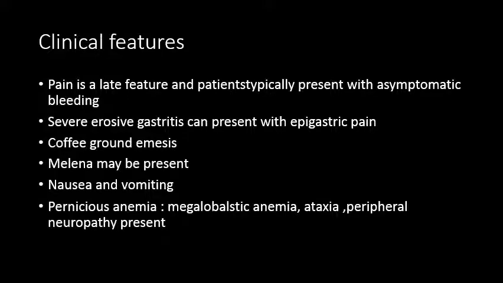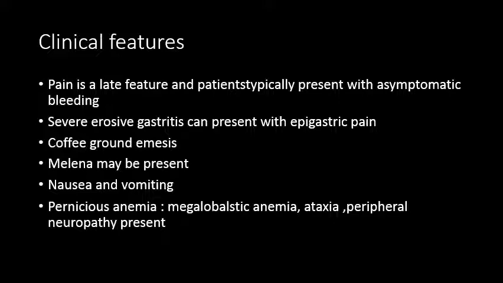Now, what are the clinical features of gastritis? Some important features are asymptomatic bleeding. Why? Because pain is a late feature of this condition. If there is severe erosive gastritis, then you can have epigastric pain, but usually the person just comes in with bleeding.